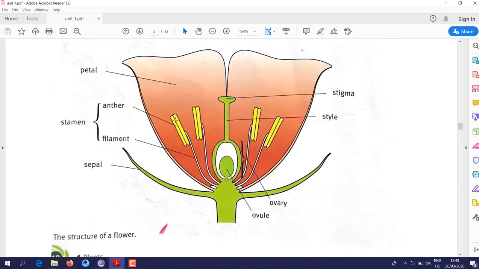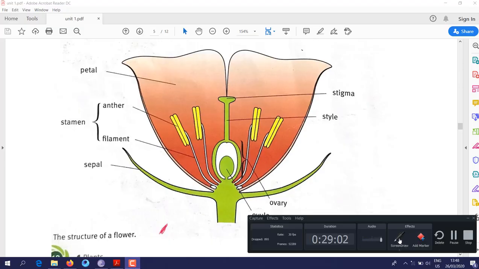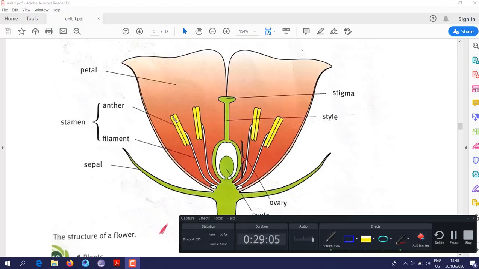When the pollen transfers from the anther to the stigma, it goes through the pollen tube, through the style, until it reaches the ovary and then the ovule. The pollen has a nucleus in it. So this part we call the nucleus.